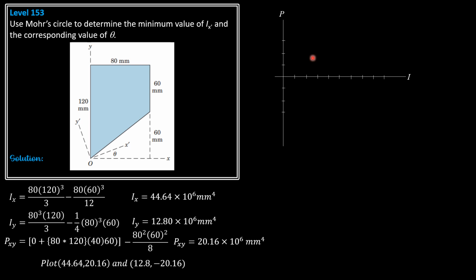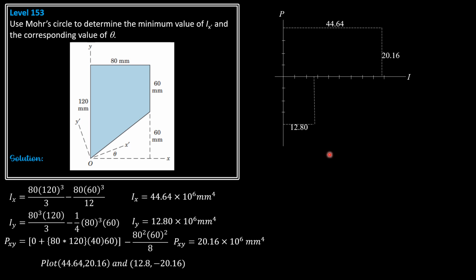Imagine that each graduation is 5, so 44.64 would be there, and 20.16. That's the approximate location. This is the first point plotted, so that's the x-axis, and the second point, 12.8 comma negative 20.16, is the other end of the diameter, which is the y-axis from the figure.